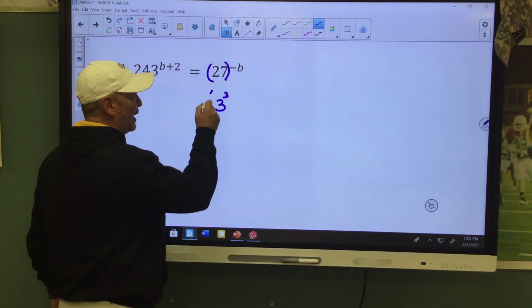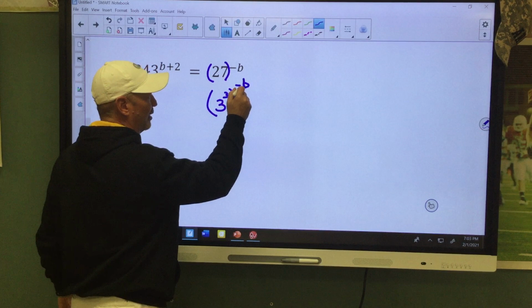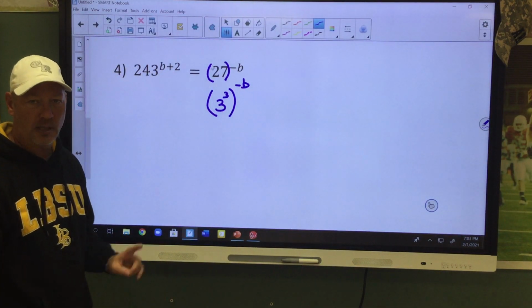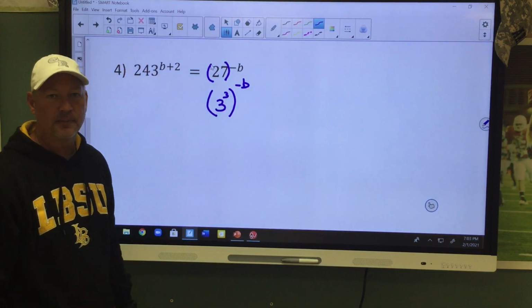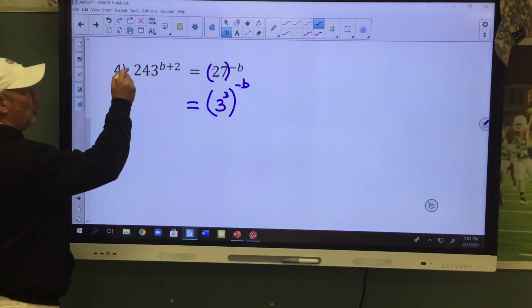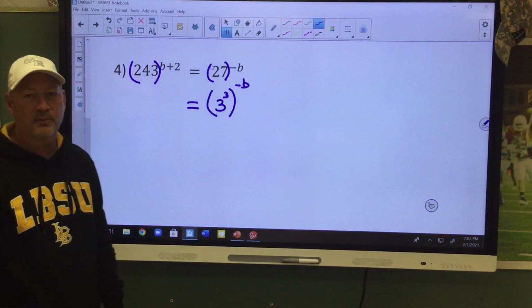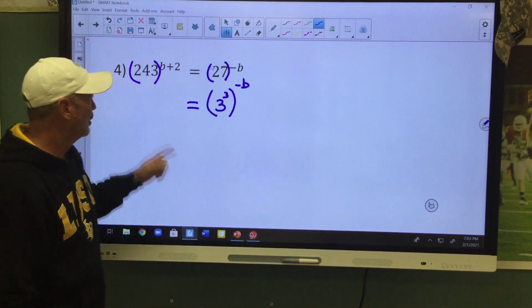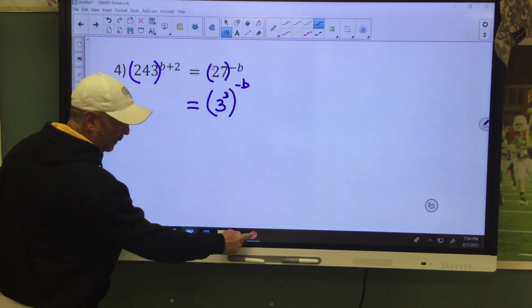But my 27 has to be raised to the negative b. Correct? Okay? That's 27 raised to the negative b. Over here, I have 243, and it has an exponent of b plus 2. So I'm going to try to figure out if I know how to write 243.